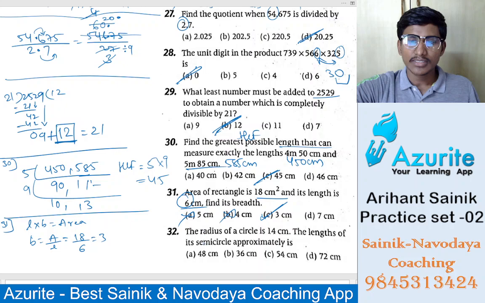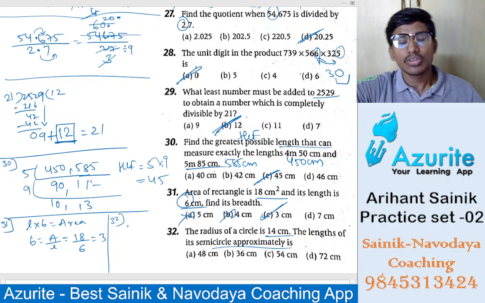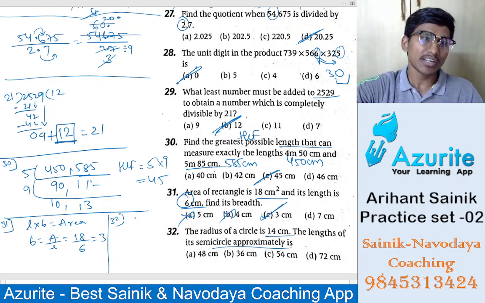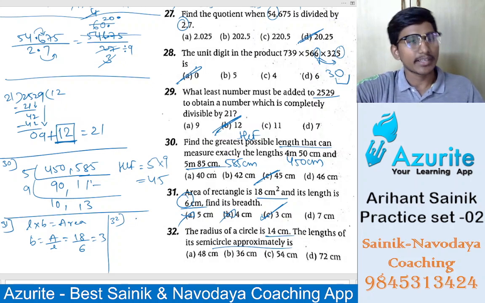Okay, now 32. What is the question? The radius of a circle is 14. The perimeter of the semicircle approximately is. So semi means half. The circumference of a circle is 2 pi r.